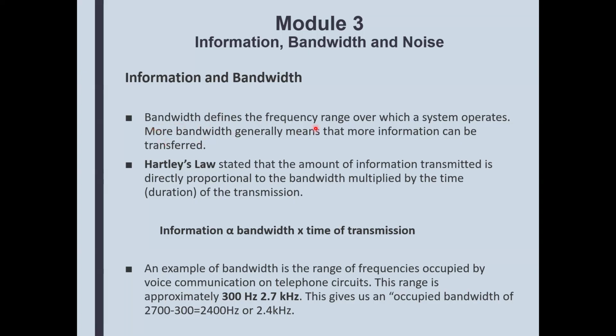So bandwidth defines the frequency range over which our system operates. More bandwidth generally means that more information can be transferred. If you have a coaxial cable that has a huge bandwidth, then over that coaxial cable you can transfer many TV channels.